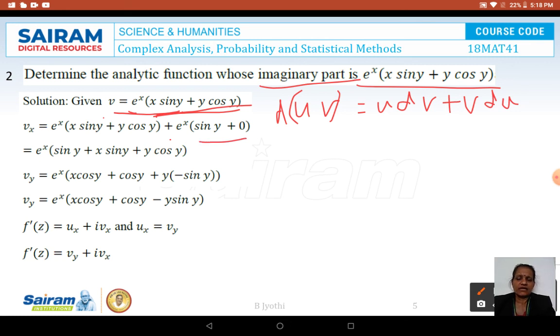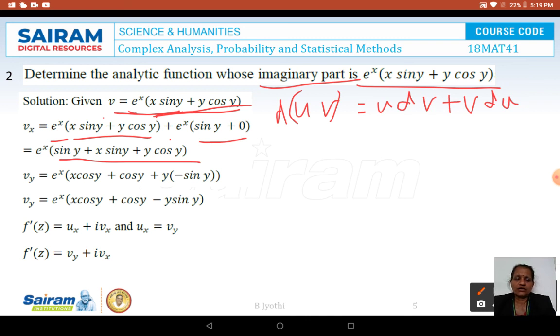Then e power x will be differentiated, it will be as it is. Then this term is written as it is, that is x sin y plus y cos y. So taking e power x common, what we get here is sin y plus x sin y plus y cos y. So vx is done now.